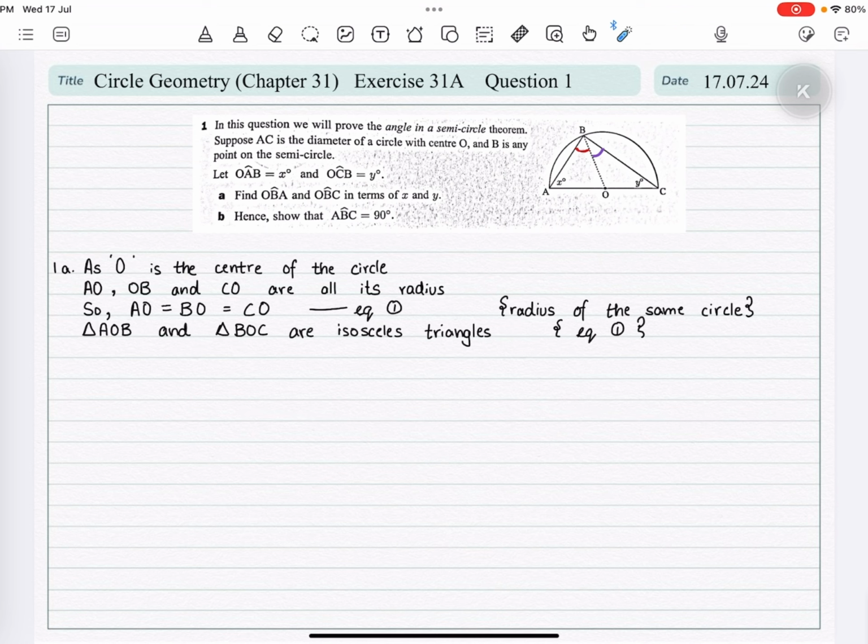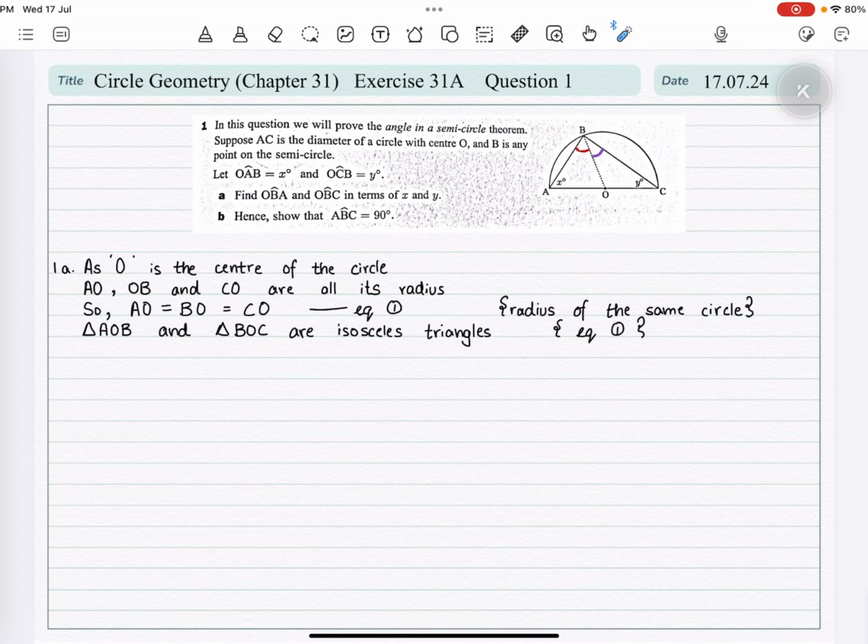Once we know that, we can say that triangle AOB and triangle BOC are both isosceles triangles, because two of their sides are equal to each other. Then you can look at one of the triangles, like AOB, and say that this angle is also equal to x, because as these two sides are equal, the base angles are also equal, because it's an isosceles triangle.